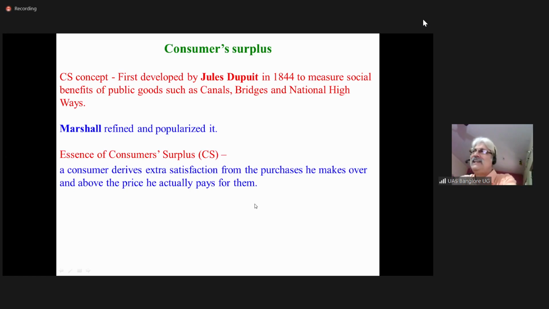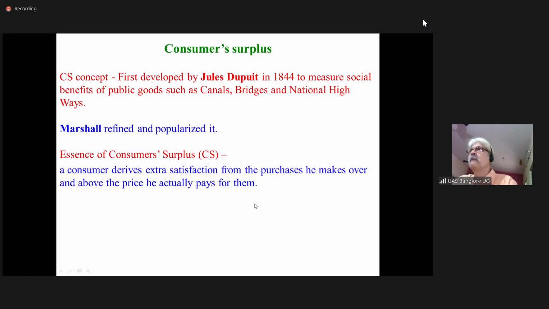On the day of film release, you go to the film theater. Balcony ticket is 200 rupees per ticket in that theater, and you are ready to pay 500 rupees in black for that 200 rupees worth ticket.